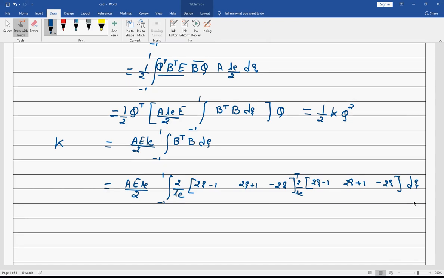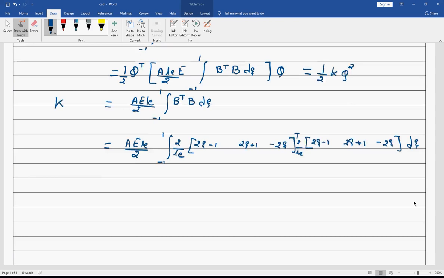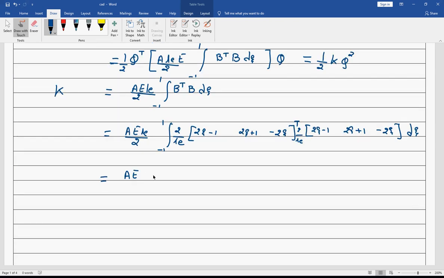So I get AE by Le, 2 times the integration from minus 1 to 1, and Le will also get cancelled.